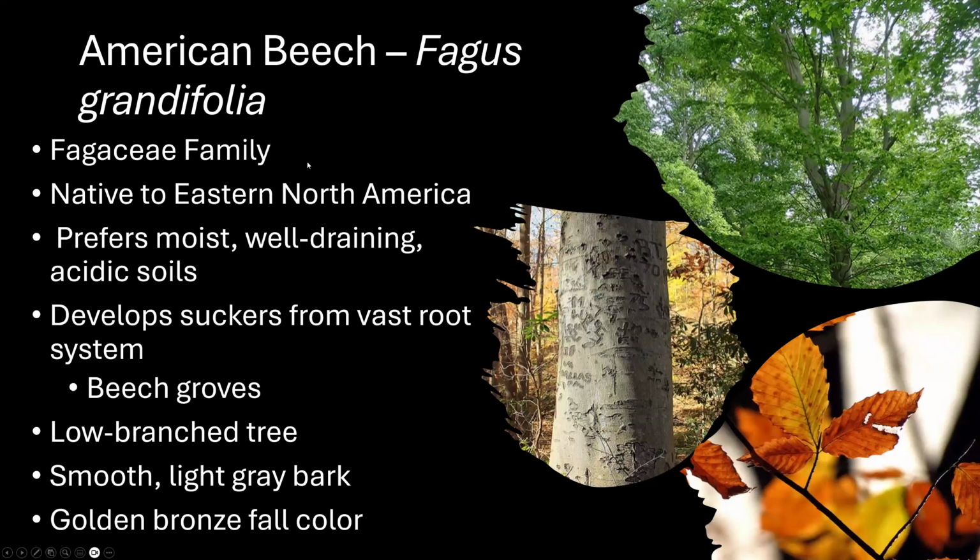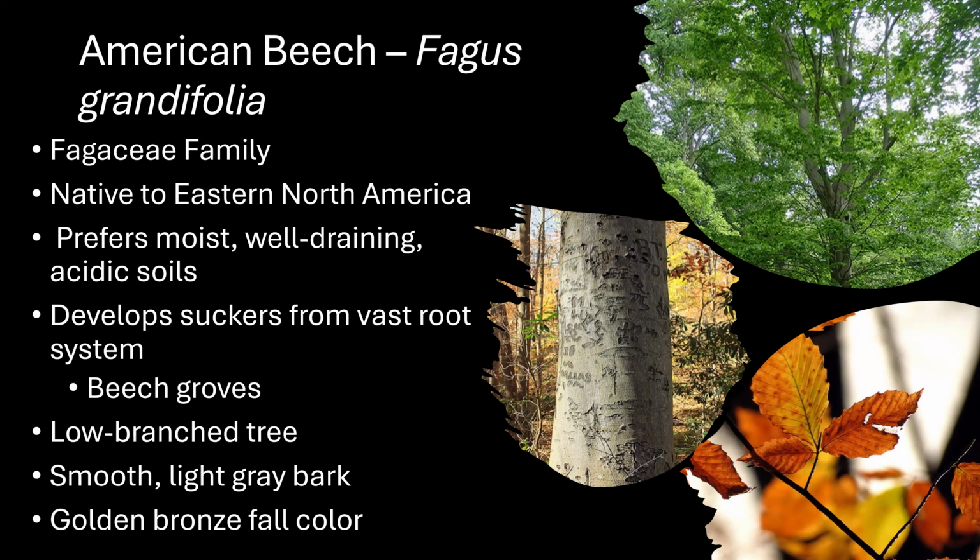So let's move right into our information. We're going to talk about the American beech, which is our Fagus grandifolia. Grandifolia actually means large leaf, and they belong to the Fagaceae family.